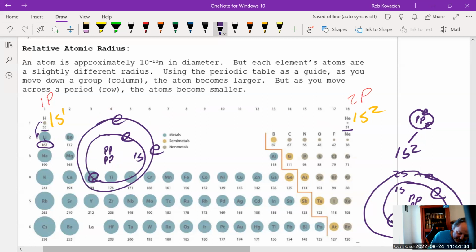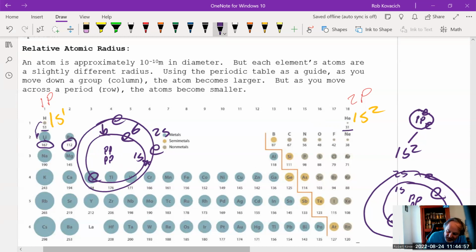So it was placed the same distance away as the last electron for the lithium atom, but the nucleus got 25% more powerful. So this got tugged in, which is why I go from 167 to 112.